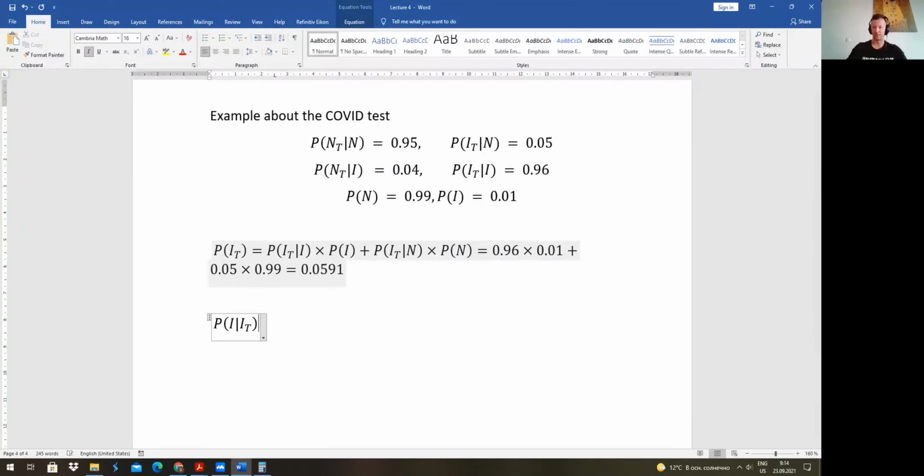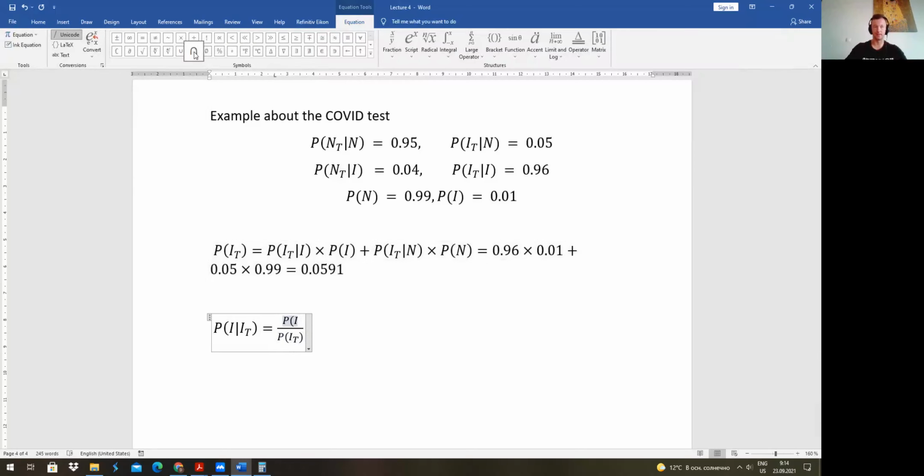Now we need to apply Bayes rule, right? We know that here must be the probability of the test positive, and in the numerator the probability that the person is infected and the test gives us a positive result.